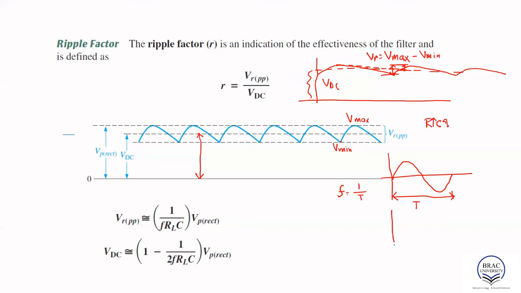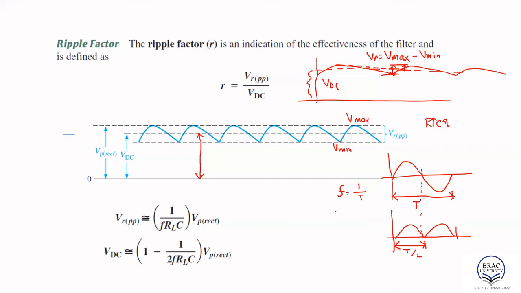But for a full wave rectifier, the frequency is different. The signal repeats over T by 2 instance.